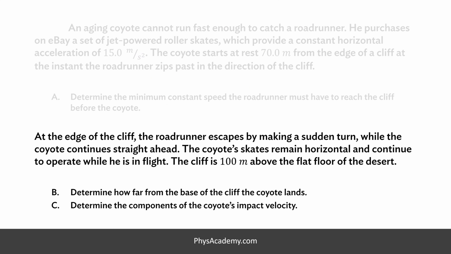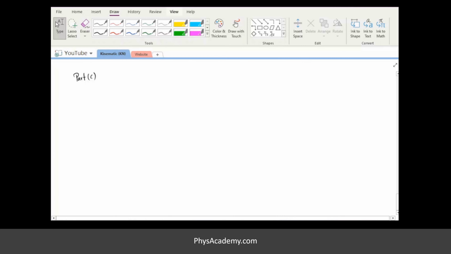For part C, we want to calculate the impact velocity components. By components, we mean the velocity along x and y separately.